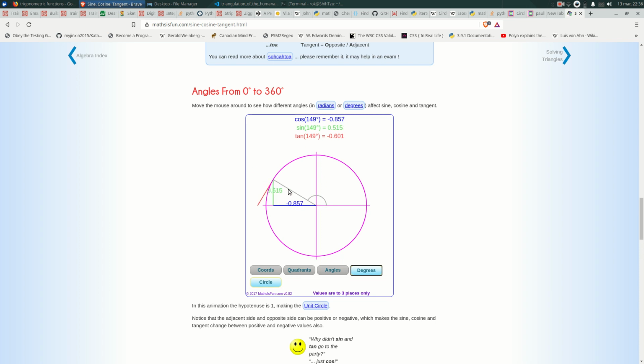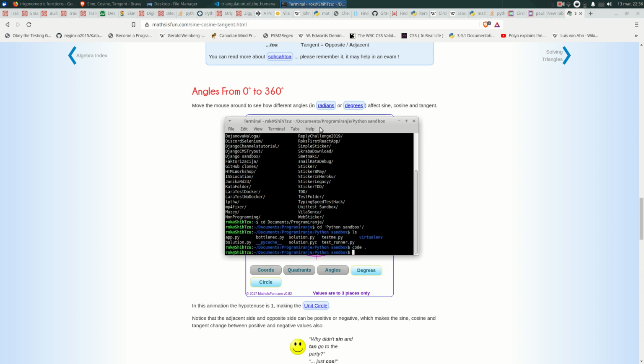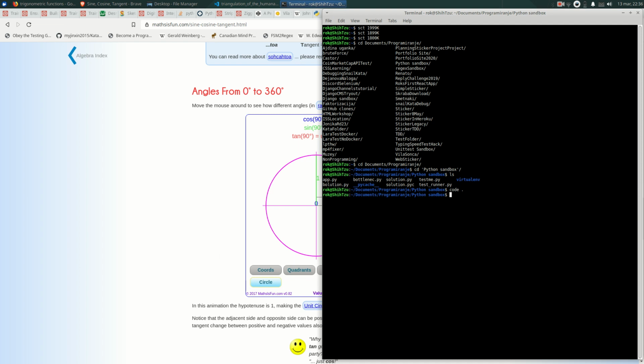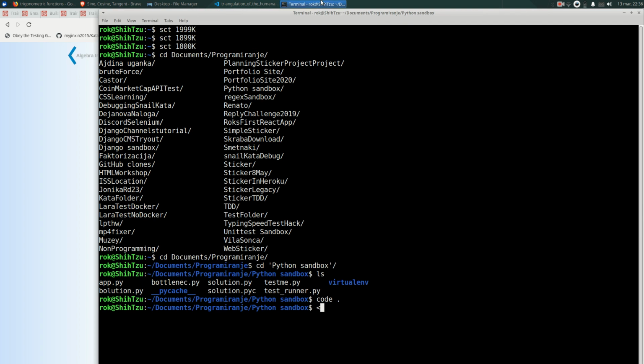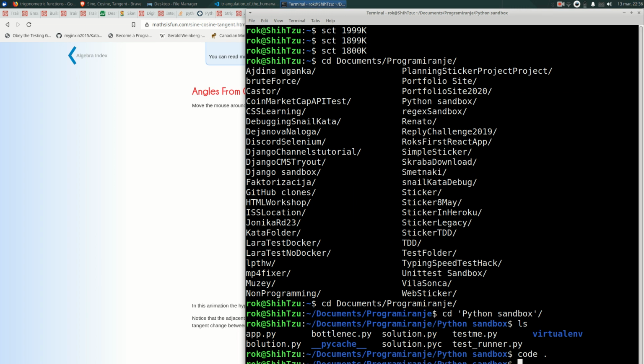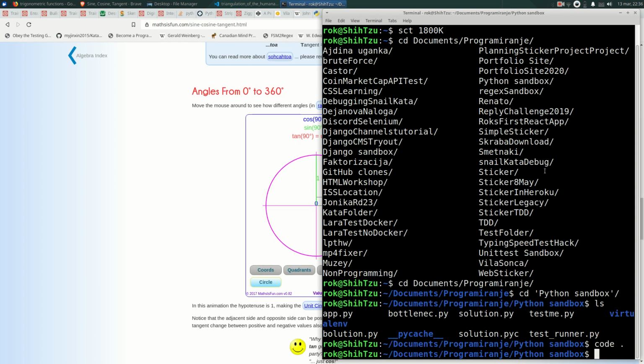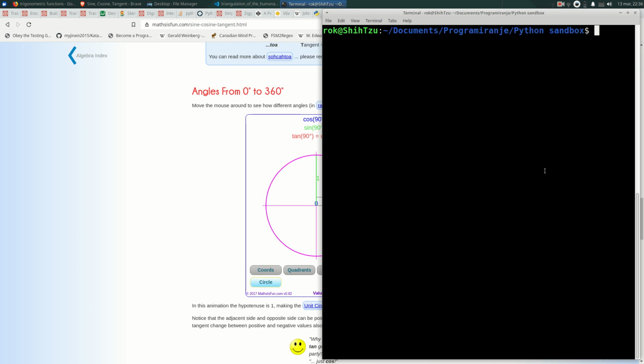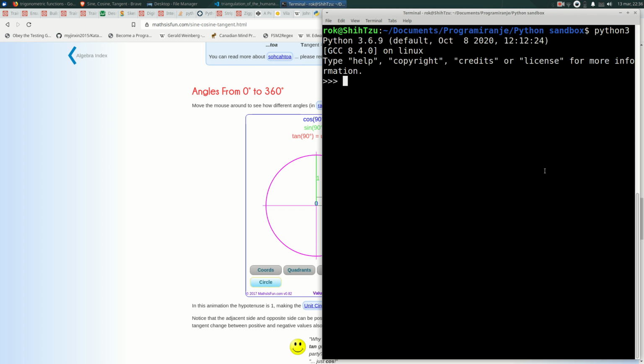So we would say, for example, if we were at the point, clear, and we do Python 3.